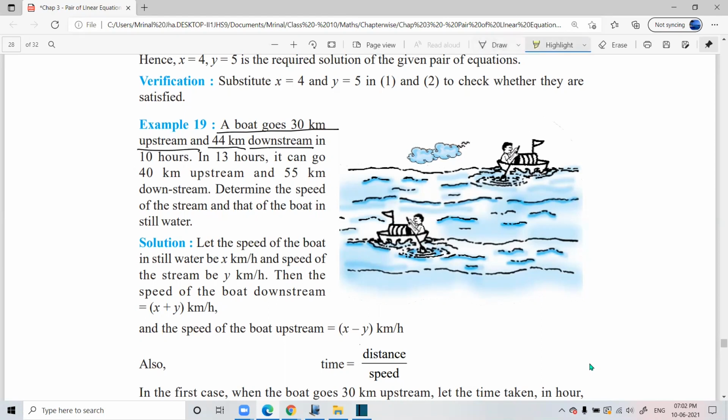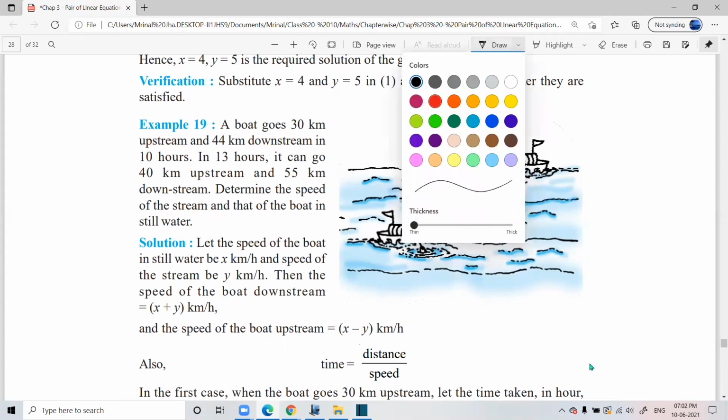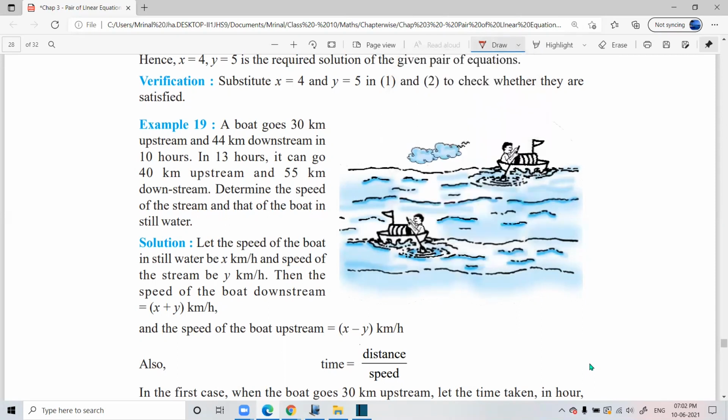So now, first of all, there are two words here, upstream and downstream. Do you people understand their meaning? Can anyone tell me what it means? Upstream or downstream? Yes, absolutely right. Normally when there is a river, it is flowing in some direction, no?